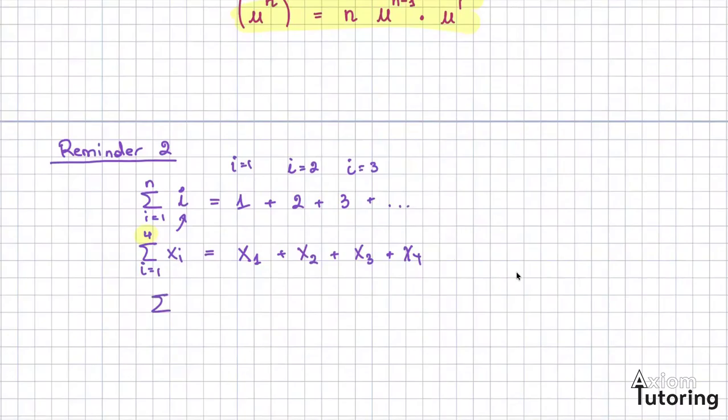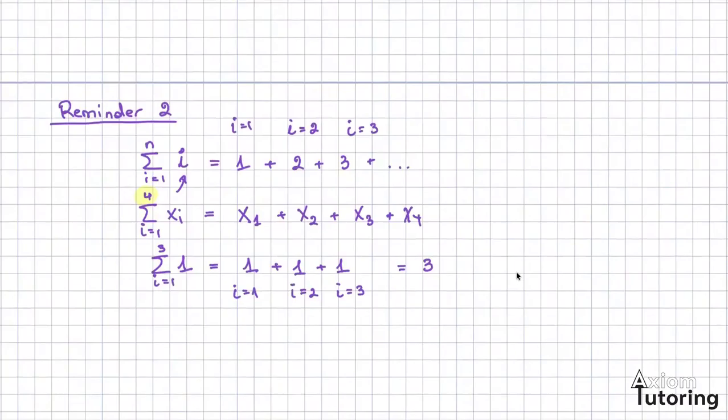If you have the sum of a constant, let's say 1, and the loop goes from 1 to 3, keep in mind, in this particular case, your sum is 1 plus 1 plus 1. So it's 1 3 times, because every time my I is updated, however, there is no other place where I can apply that update. So that's why it's all the time 1 plus 1 plus 1, which means I just have a 3 in here.